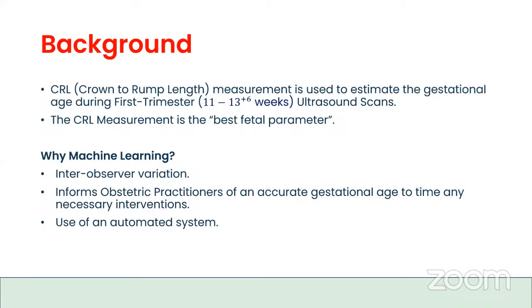So machine learning can be applied to this problem to help obstetric practitioners with an accurate CRL measurement, and this will then help inform them of the optimal timings of any necessary interventions that are needed for the health and well-being of the pregnancy. A machine learning system would allow for inter-observer variation to be reduced, and this variation creates problems for the practitioners, as any variation in the measurement of the CRL can carry serious complications to the fetus's health.